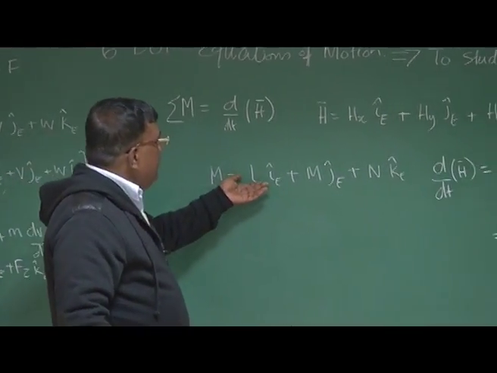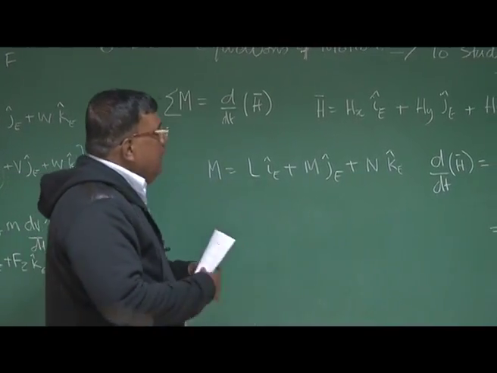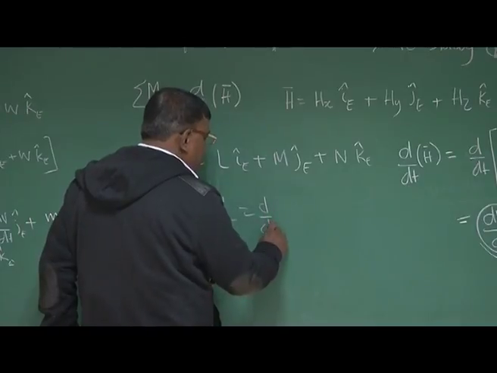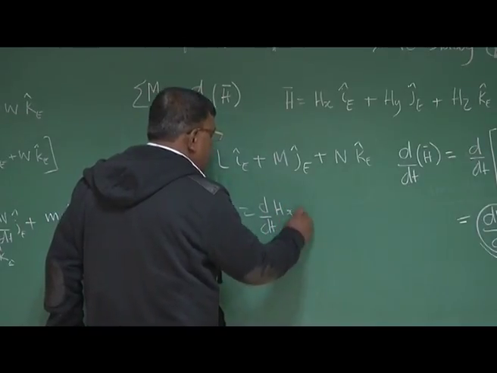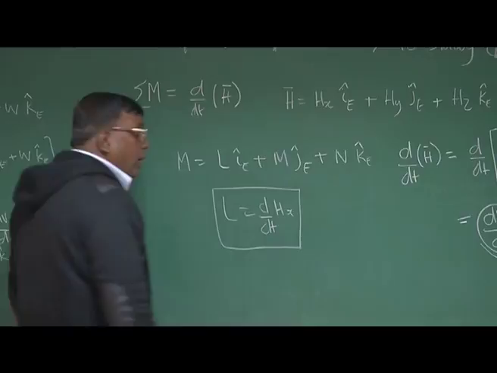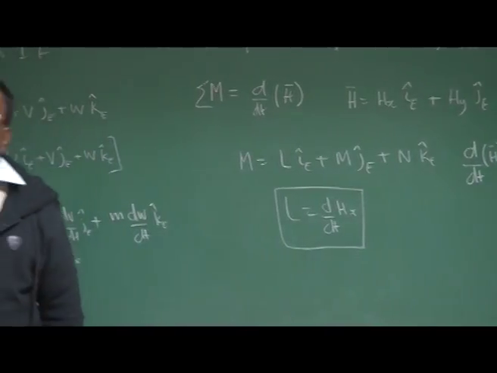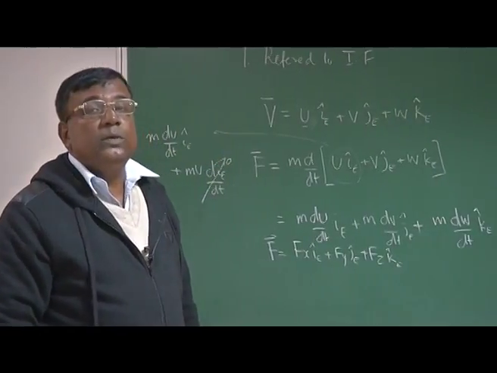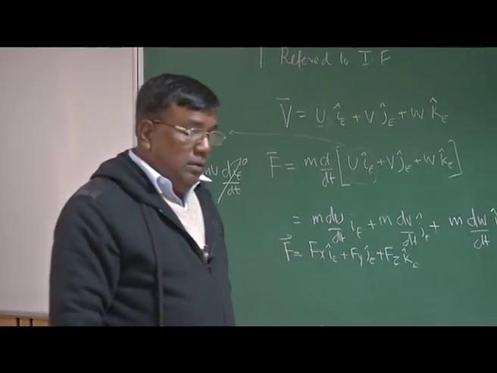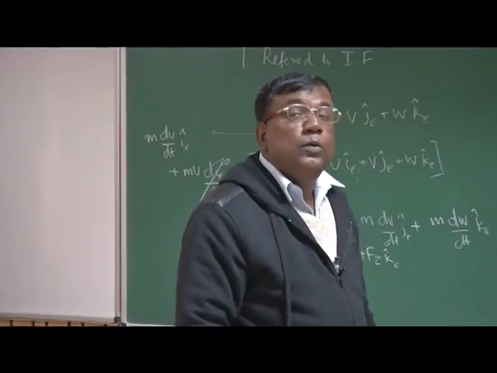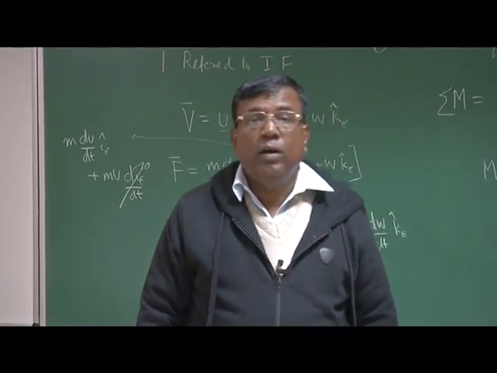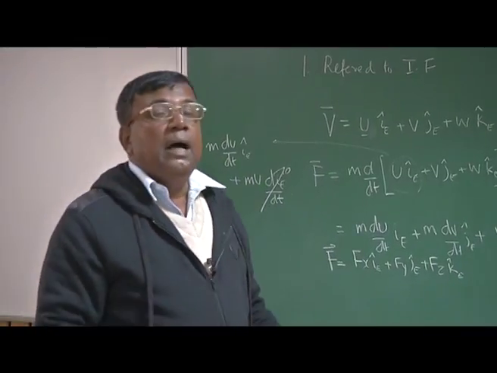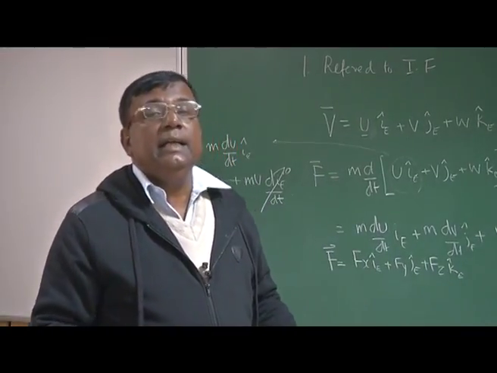What is L? L, if you see here, is d by dt of Hx. What is Hx? Let us ask a question: what was H? H vector was the total angular momentum. And total angular momentum about which axis? Obviously, we are all working in inertial frame, so it is about the inertial frame IE, JE, KE axes.